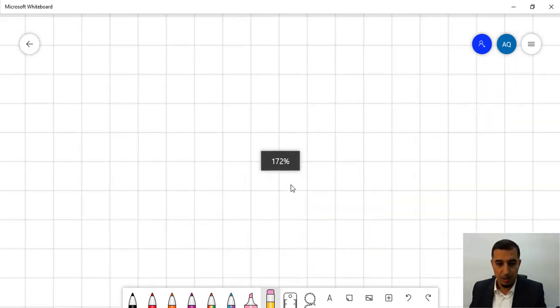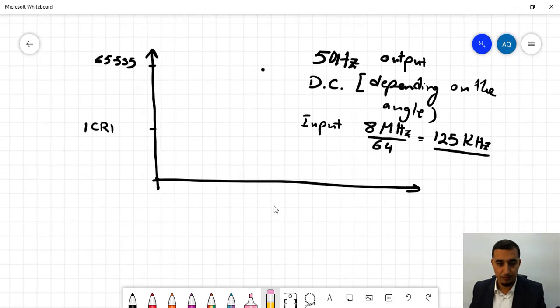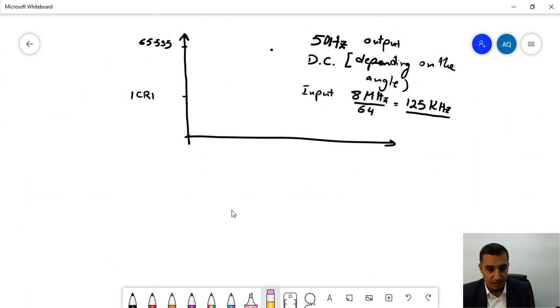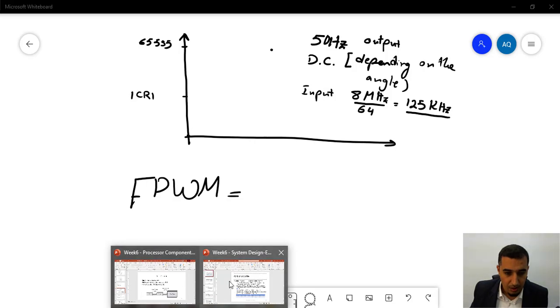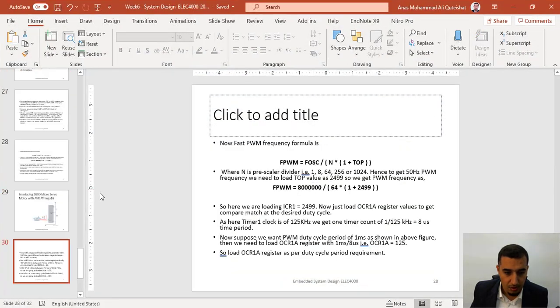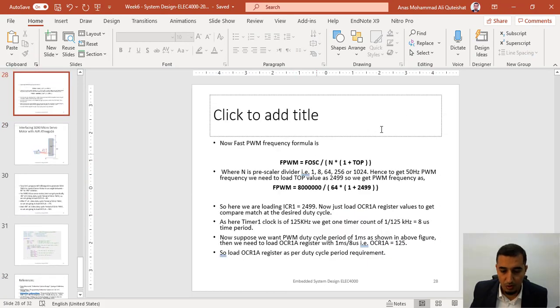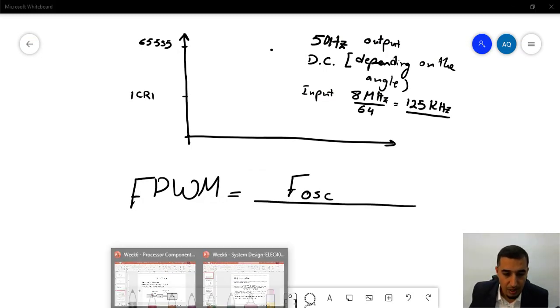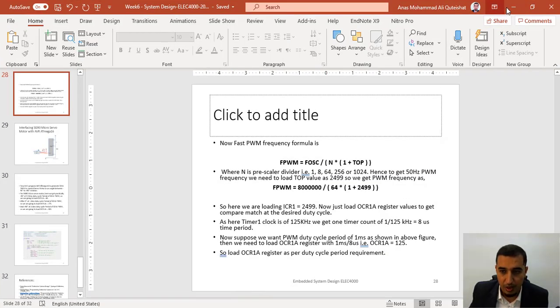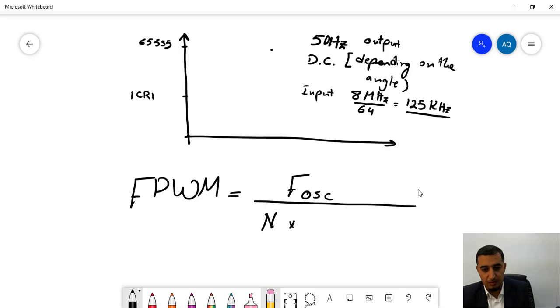The equation is saying the frequency of the pulse width modulation is equal to the frequency of the oscillator divided by n multiplied by 1 plus top.